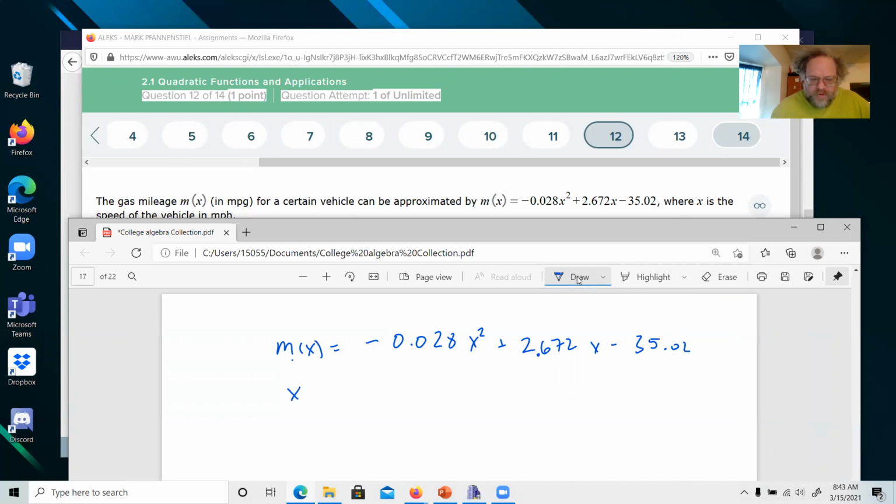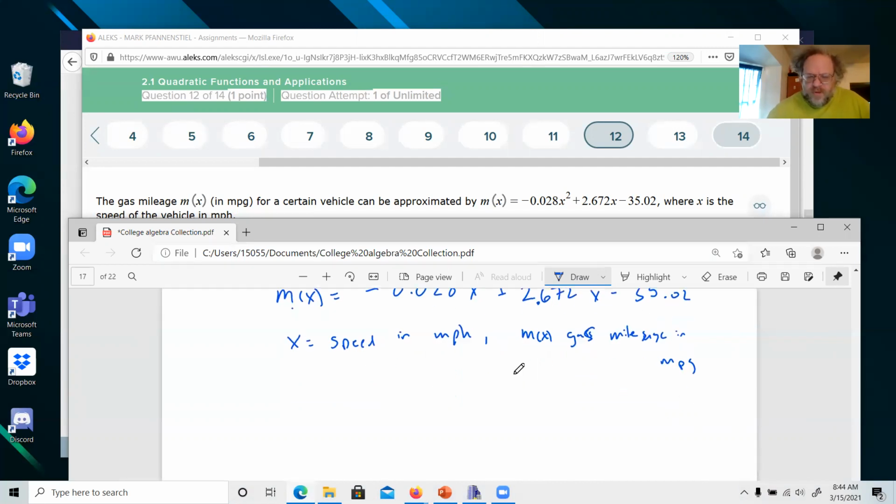Now, x is equal to the speed of the car in miles per hour, and m of x, that's the gas mileage in miles per gallon.